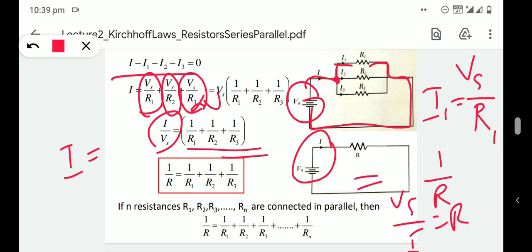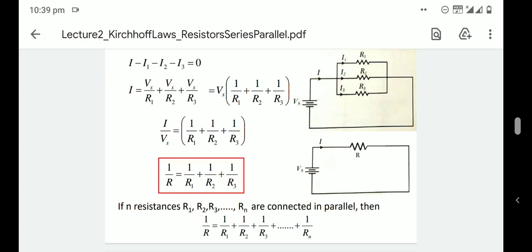So I divided by Vs will be equal to 1 by R. So 1 by R is equal to 1 by R1 plus 1 by R2 plus 1 by R3. By using this equation we can find the equivalent resistance for a parallel combination.